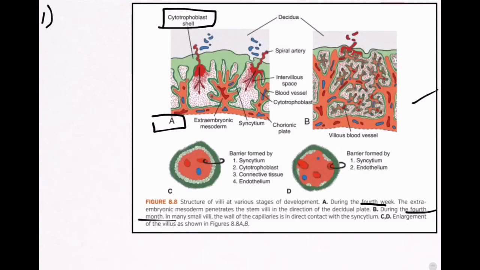So technically, the cytotrophoblast that is present internally, within the syncytiotrophoblastic layer, extrudes out and eventually goes in either direction to form a shell that is known as the cytotrophoblastic shell.